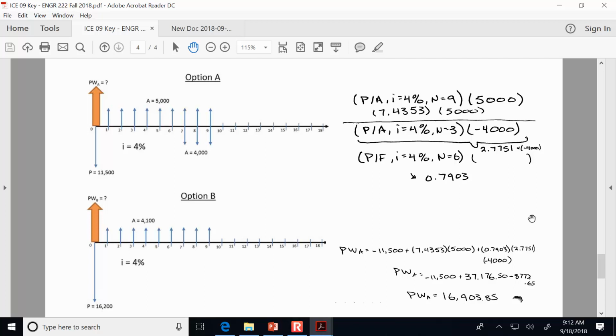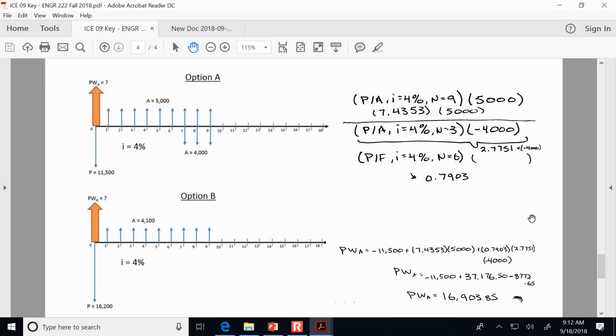Okay, so here what I've said is we've got the P/A with 9 years. Up here above the line is for our inflows or our revenues. So $5,000 times that factor. And then below the line we've got our outflows, and so there's the P/A with 3 years times the 4,000, but then we have to move that from year 6 to year 0.